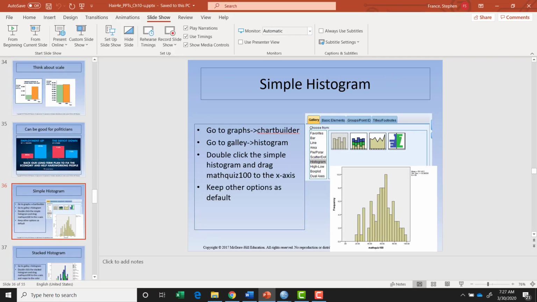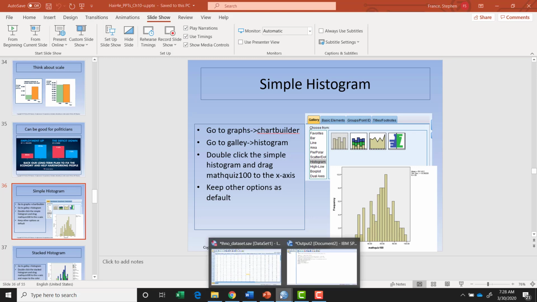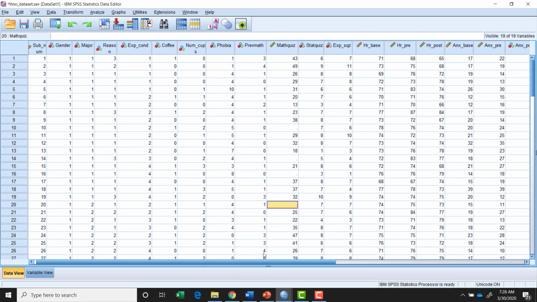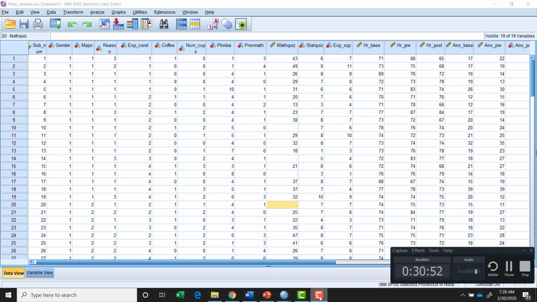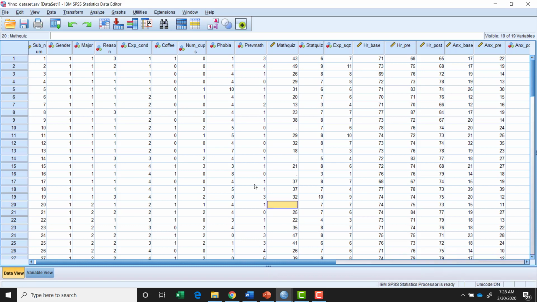go back to our data set and let's go back to SPSS. Let me just catch up with my notes. Okay, so SPSS has something called Chart Builder, and Chart Builder actually allows you to create different graphs.